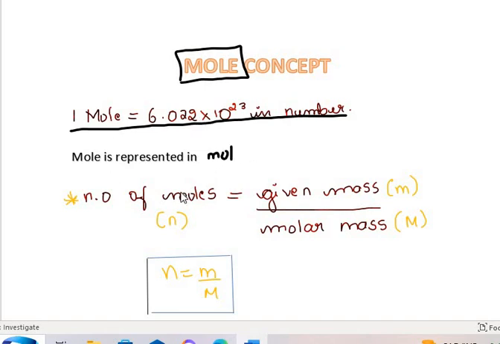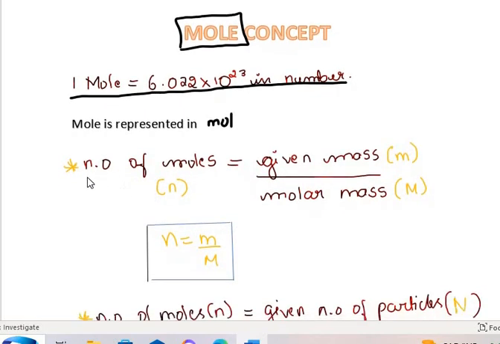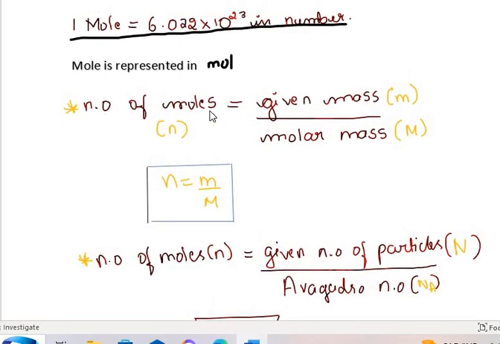Now we'll see some of the formulas which will help us solve the problems. The first formula is the number of moles. How do we find the number of moles? It is the given mass divided by the molar mass.